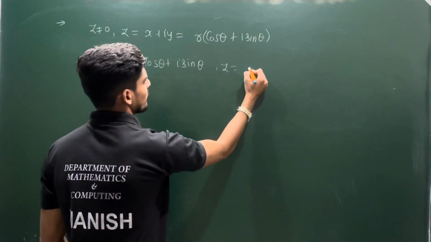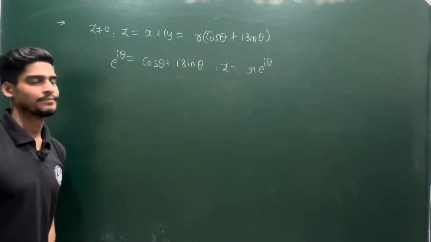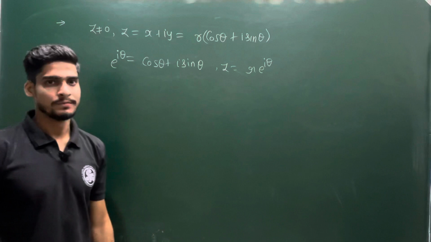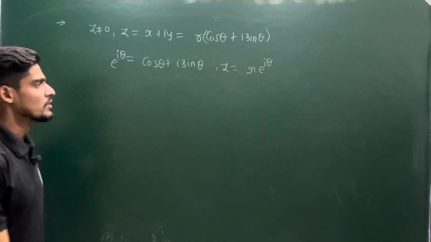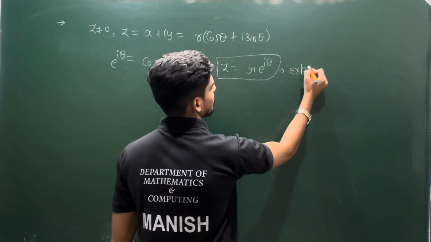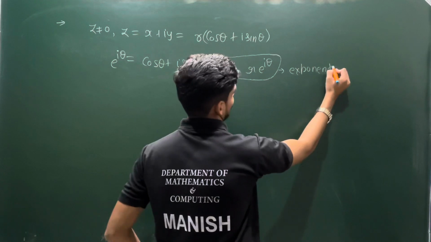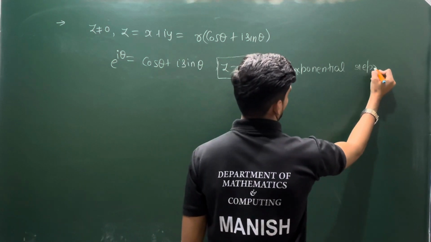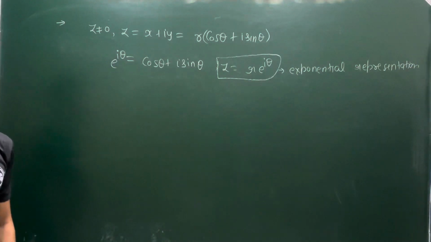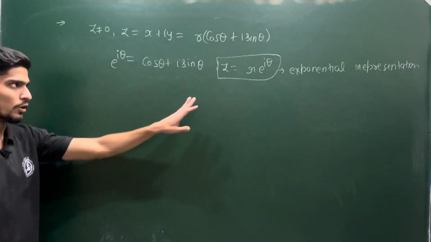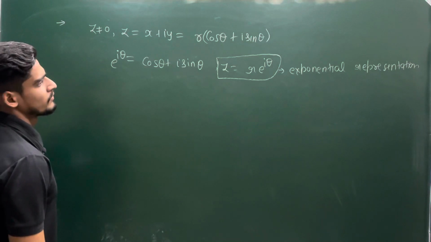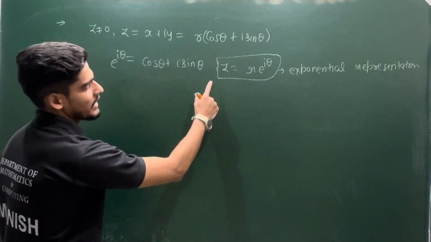This z is equal to r e power iota theta, where theta is an argument of z and r is the modulus of the complex number z. So this is the exponential representation, and this representation is very powerful. We will observe soon why it is very powerful.